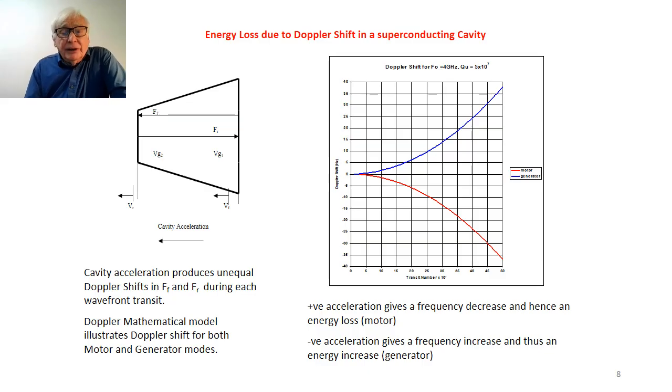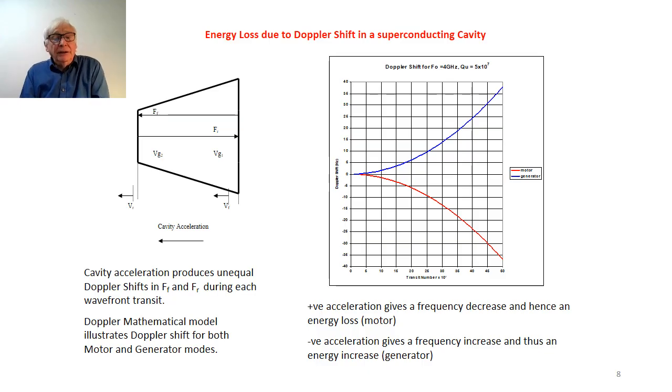And you've simply got an increase in cavity velocity because the cavity itself is accelerating. And it's this actual difference in cavity velocities at each reflection that causes an overall Doppler shift in the wave itself.